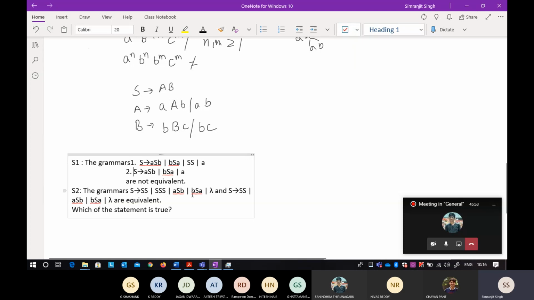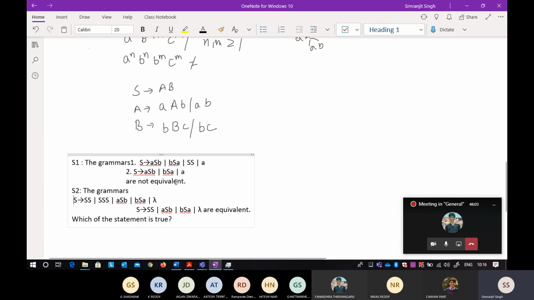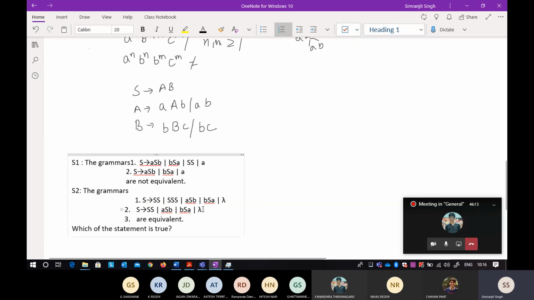In the same way, it is saying that this is my another grammar, this is your first grammar here. Okay, so just let me arrange it. So this is the first grammar and this is your second grammar, and they are saying that they are equivalent. Okay, so you just have to tell me which of the statements, S1 or S2, is true.